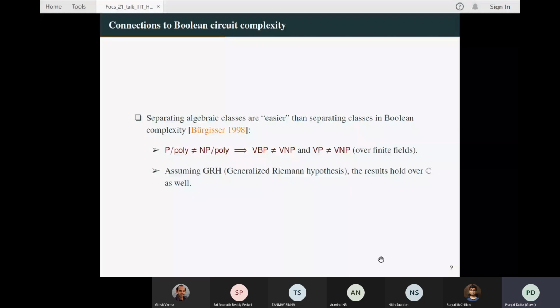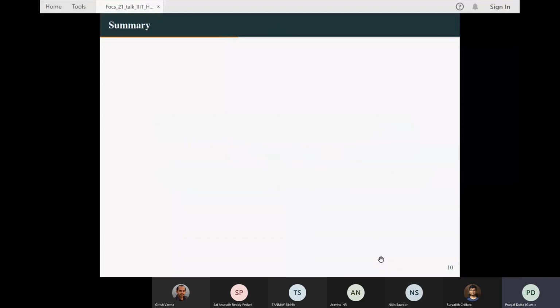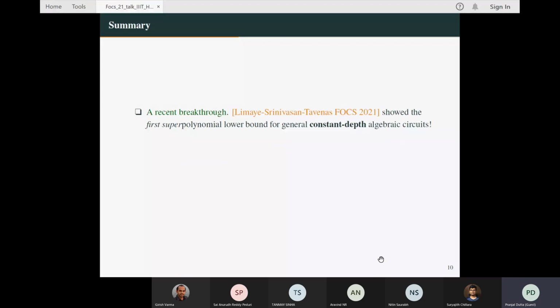So let's summarize this section and then quickly move on to GCT. A recent breakthrough result came last year where super polynomial size lower bounds were shown for constant depth algebraic circuits. It was not known a priori.